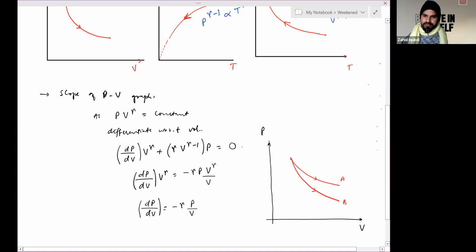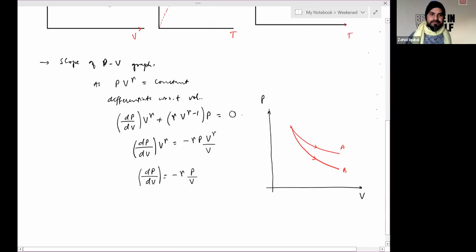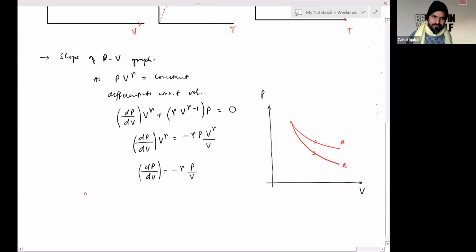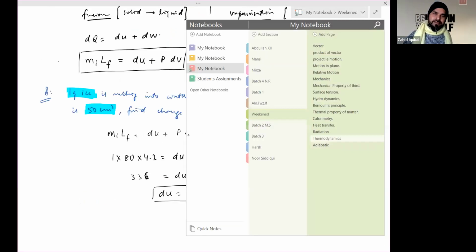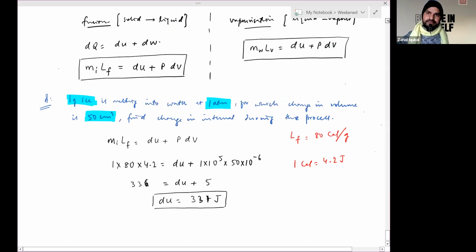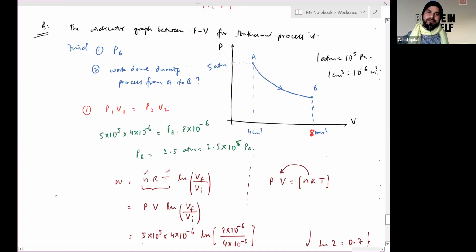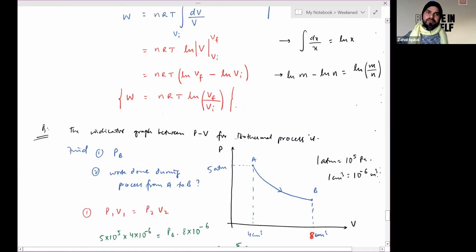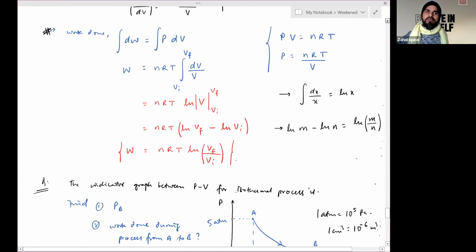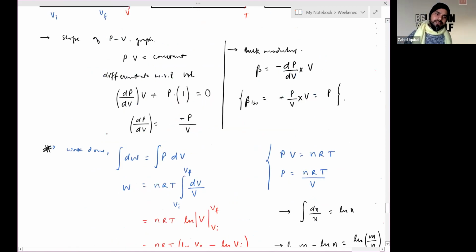So let me define how to tell. In this part, we have calculated slope of P versus V for adiabatic process is minus of gamma P divided by V. But in the last part, for isothermal process, I have calculated, just see this.